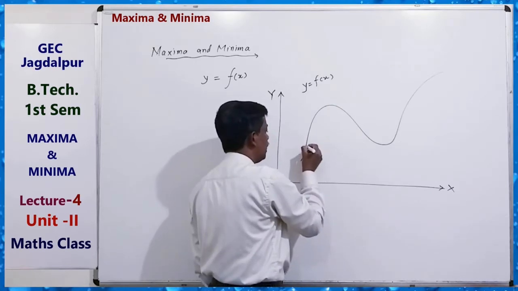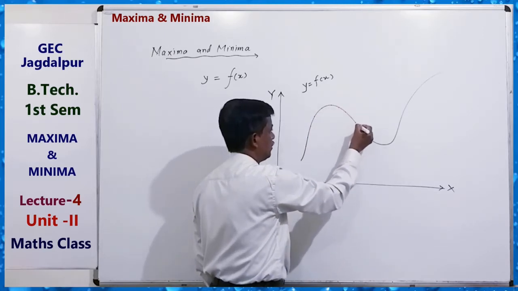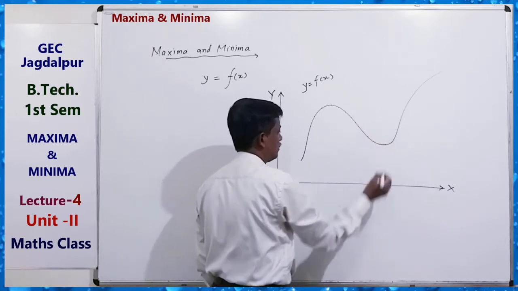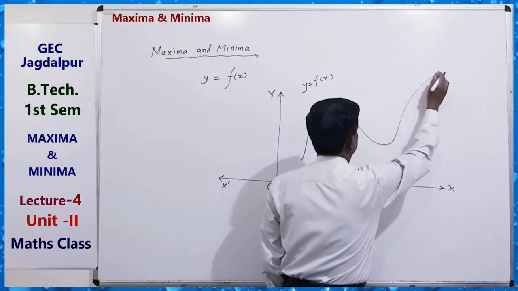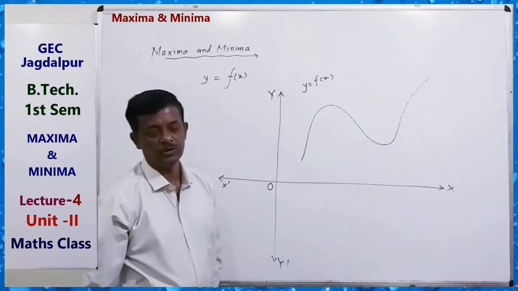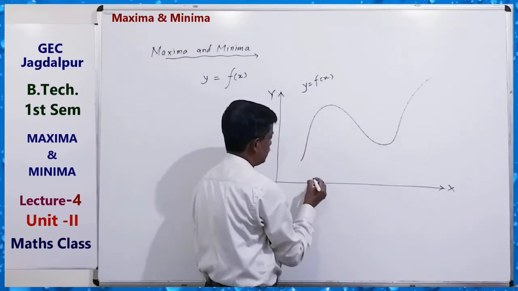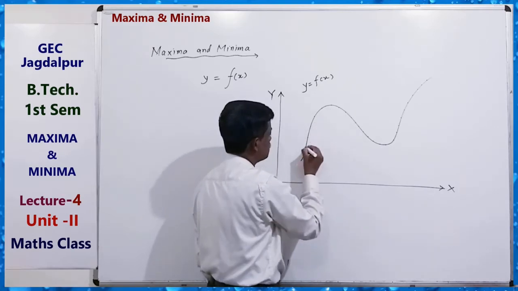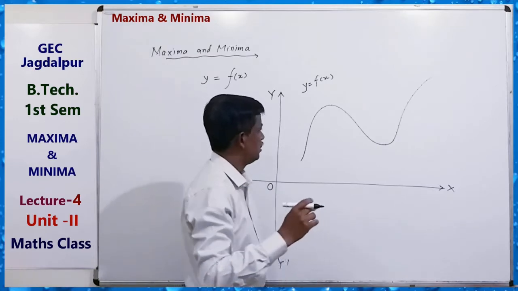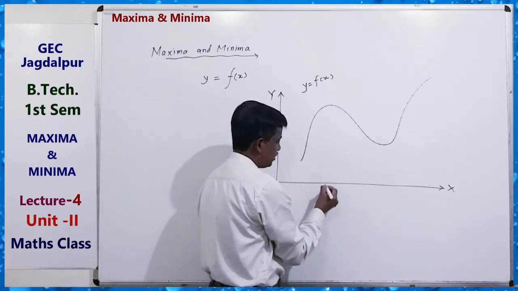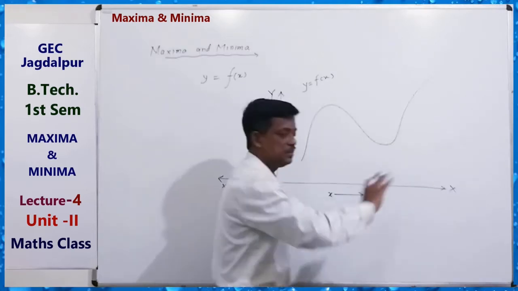That means if this function is continuous, at each point we can get a tangent. Now, increasing function means, just see, the value of x starts from here and increases in this direction.